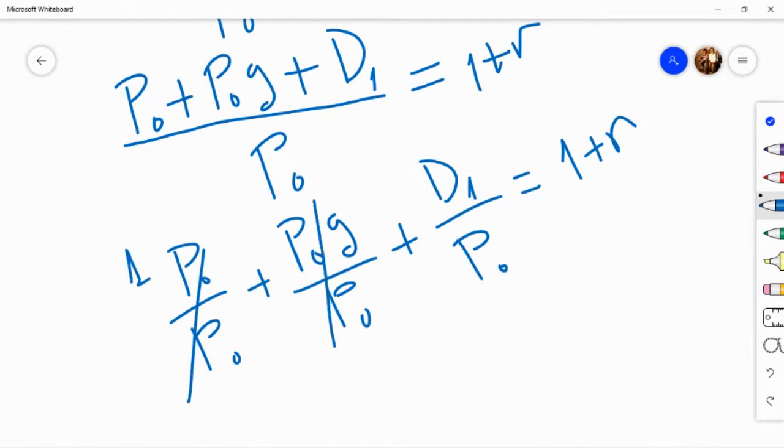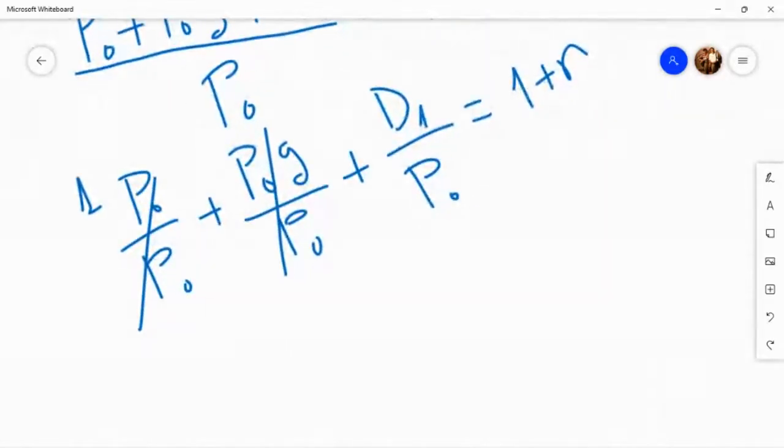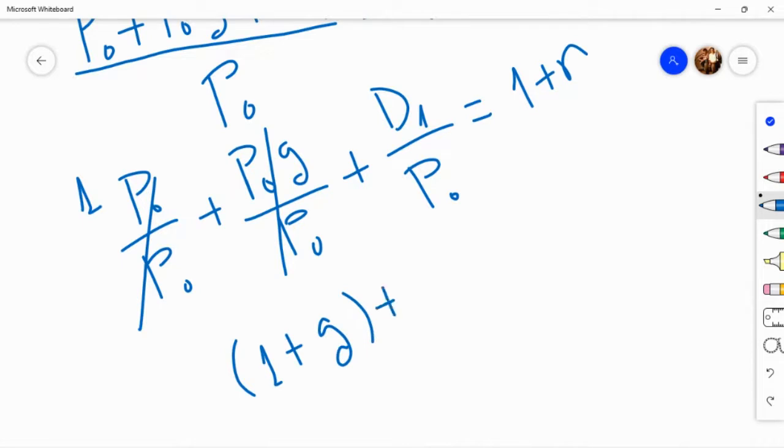This is G, right? P0 cancels out. So this is exactly 1 plus G plus D1 over P0, 1 plus R.